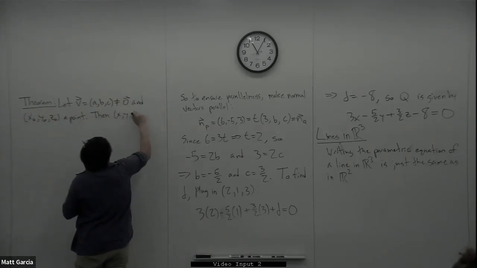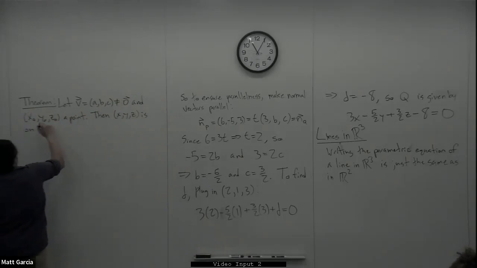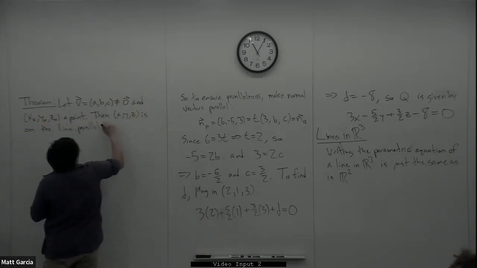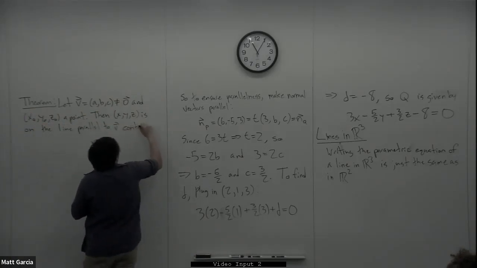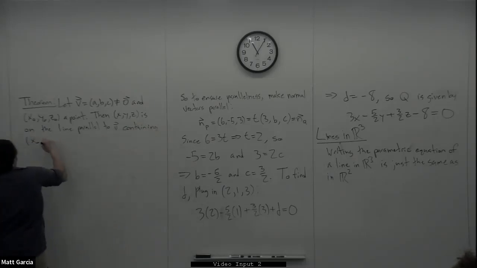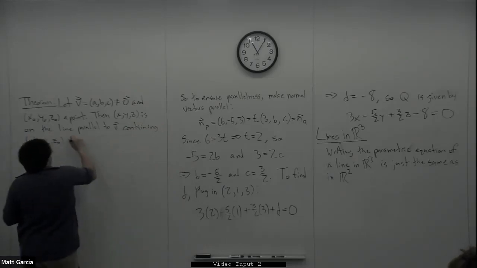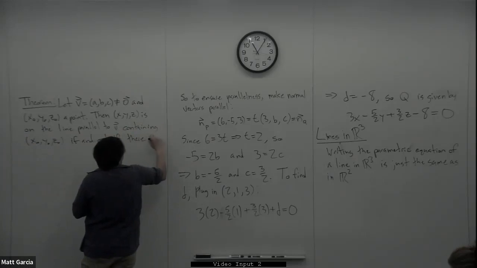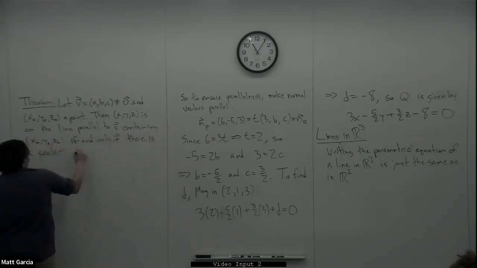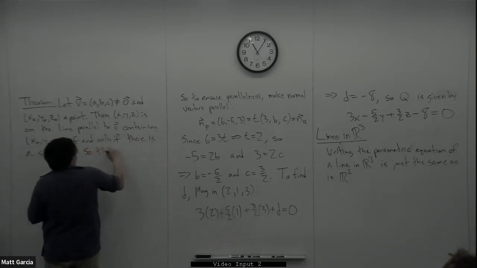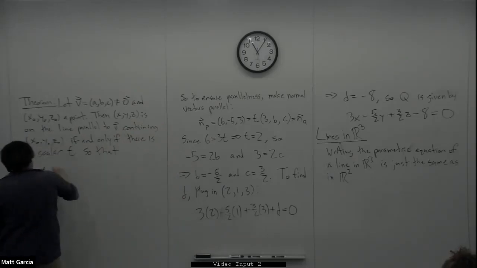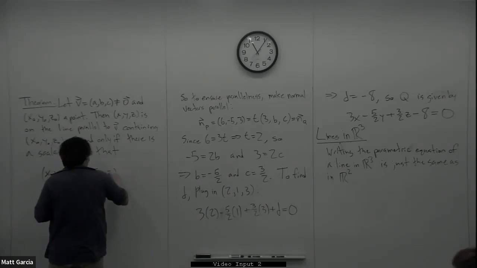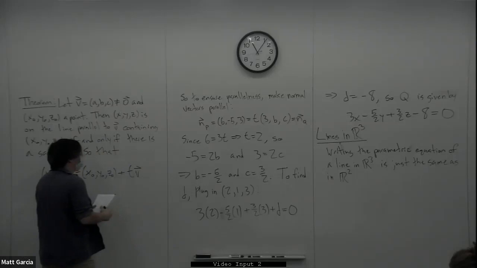Then an arbitrary point (x, y, z) is on the line parallel to v containing (x naught, y naught, z naught) if and only if there is a scalar t so that (x, y, z) is equal to our point (x naught, y naught, z naught), which we are given, plus t times v. Okay.